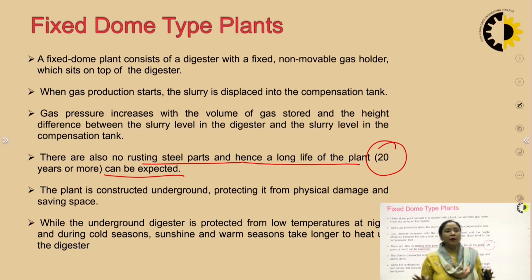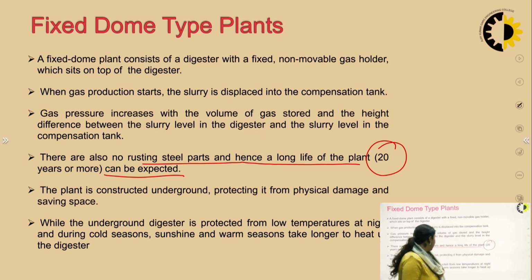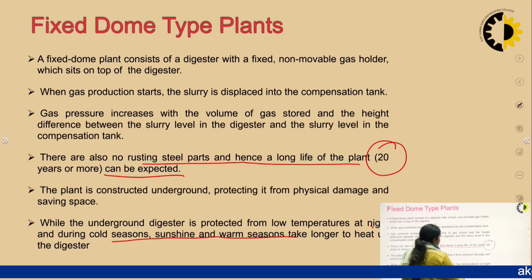While the underground digester is protected from low temperature at night and during the cold season, it takes longer time to heat the digester. When we have an underground digester, there is some problem. In the cold season, the main component of fermentation is heat, and that heat comes from the atmosphere.